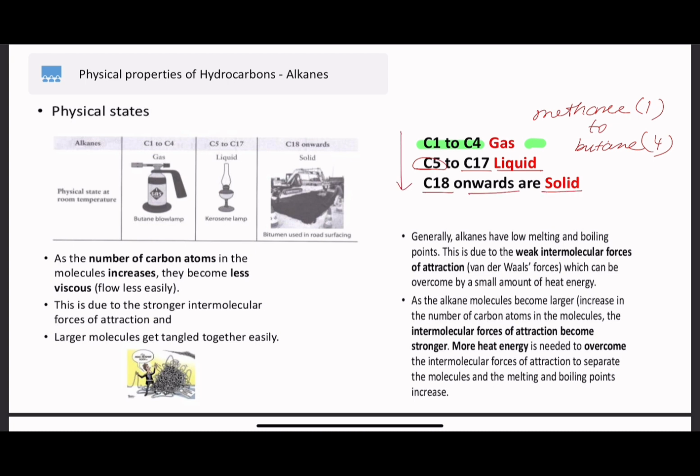We can see that the density increases as you increase the number of carbons, right?